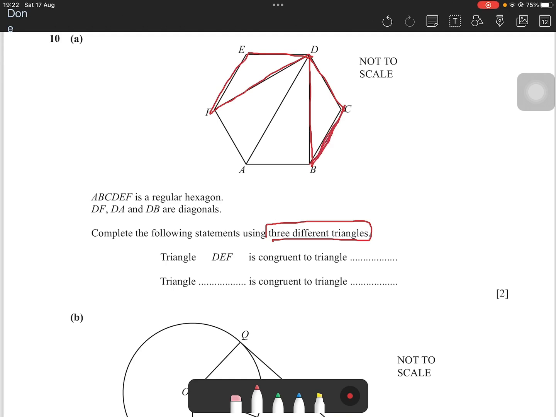DEF is corresponding to DCB. And then we have 2 more triangles, DFA and DBA. So the second answer is DFA and DBA. They are also 2 congruent triangles.